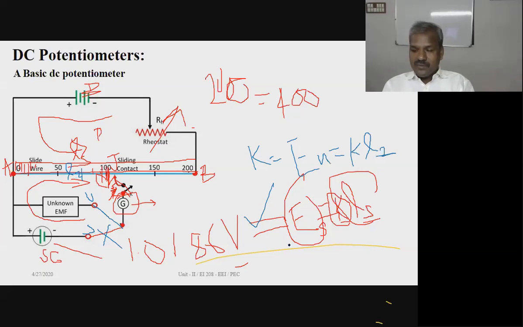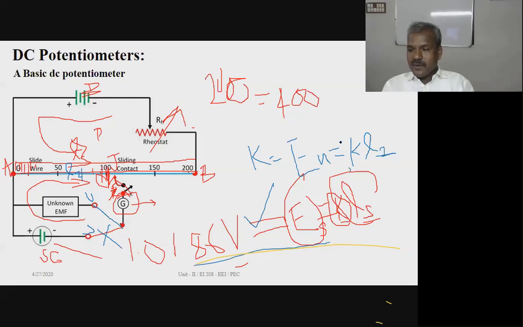From the standardization, you know ES is 1.0186, equal to K into LS. LS we measured from the length. So from the standardization, what is K? K equals ES by LS.